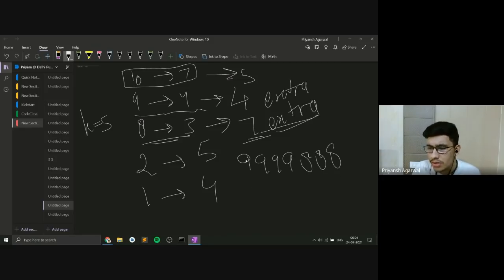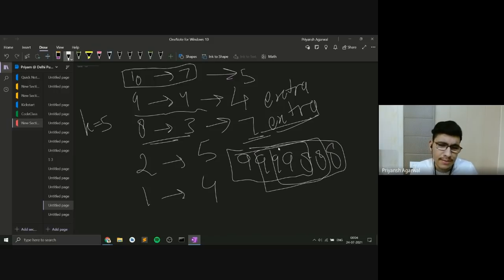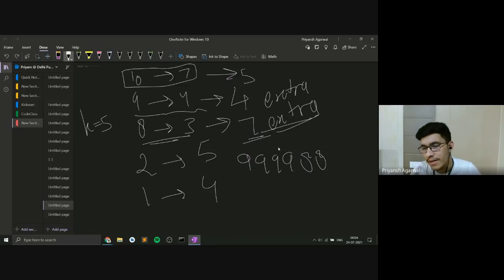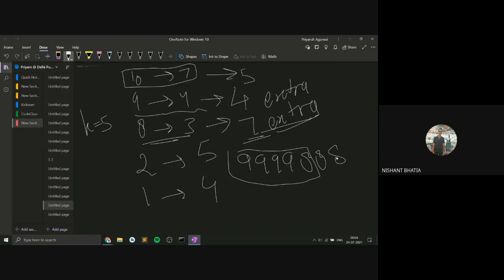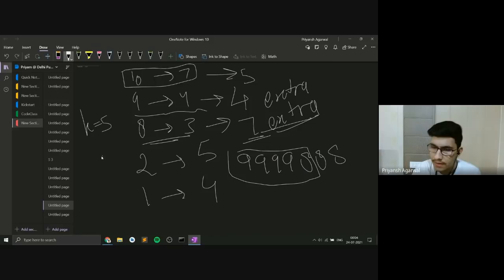So I can choose in any way, like this, or these, or these. This is completely my choice, but I can only make one of them. So let's say I decide to pick up like this. Now can you tell me how many extras are available after completing this whole segment? 2, right, 2 extras are available.